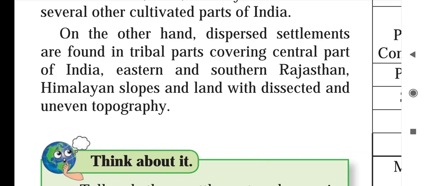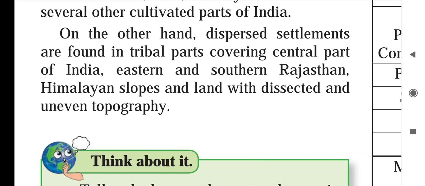So children, in Rajasthan also, as we know, there is desert. So due to that desert people will suffer daily new challenges. New challenges mean they have to struggle for basic facilities for their basic needs. So due to that also we can find fewer people living in that region.